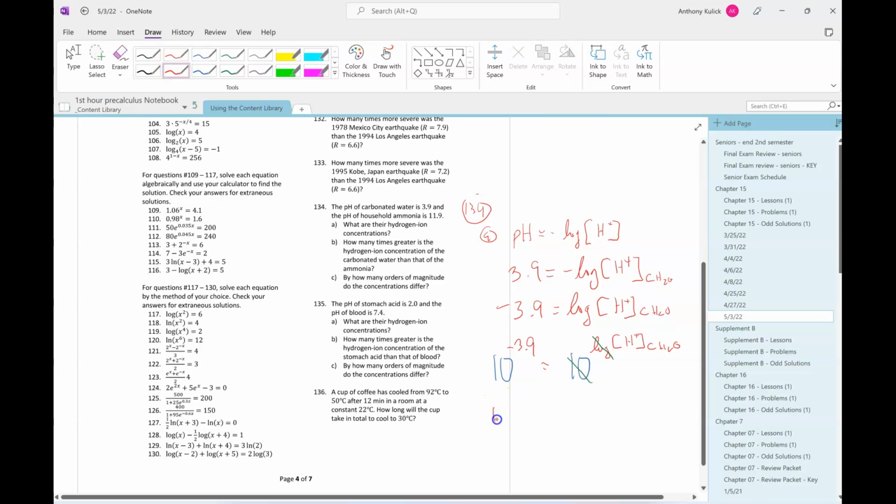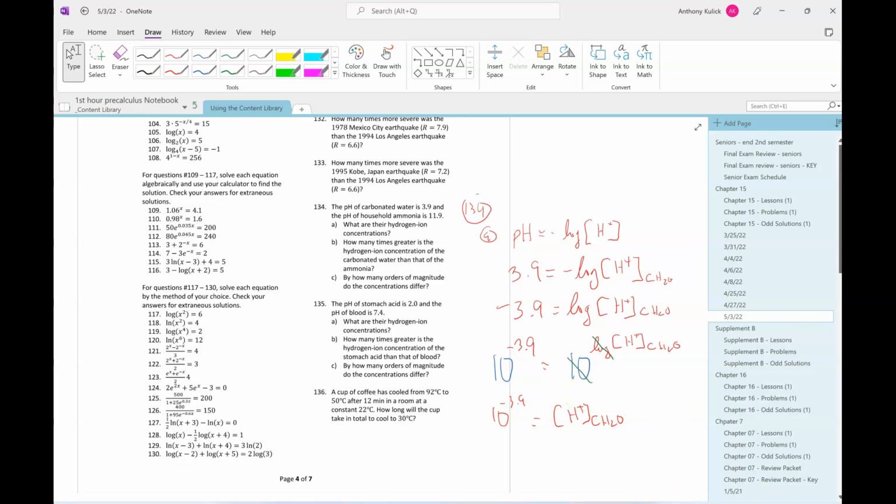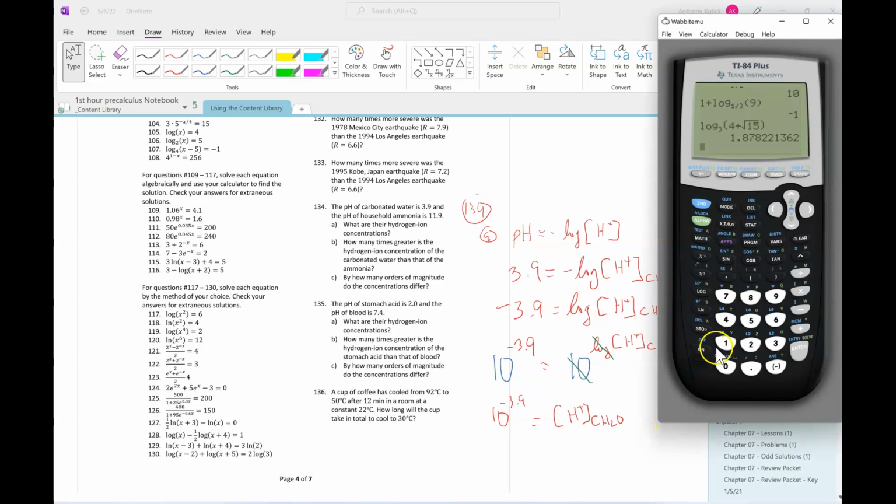So at this point, it's calculator time. So I'll just do 10 to the -3.9 on my calculator. Maybe I didn't press the button all the way.